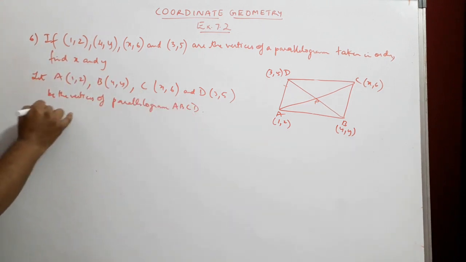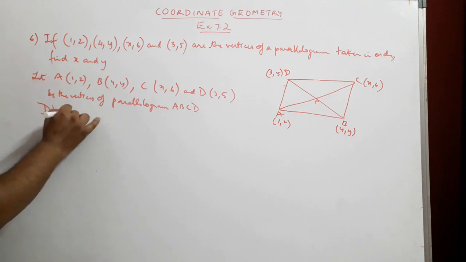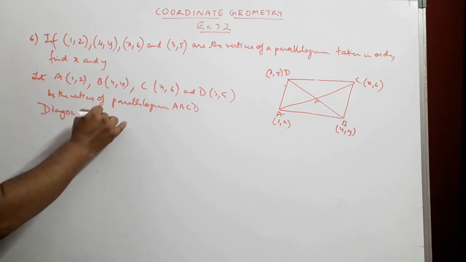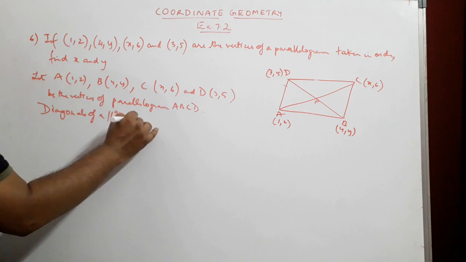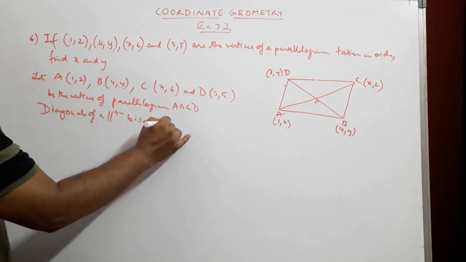and the diagonals of a parallelogram bisect each other.